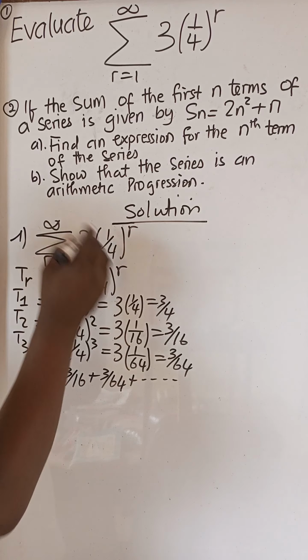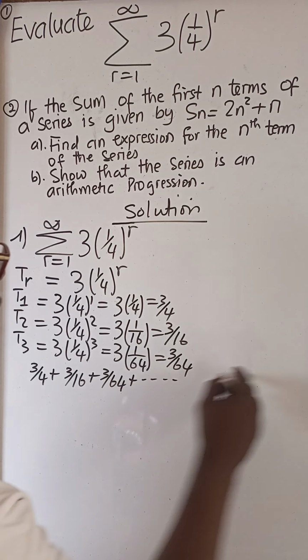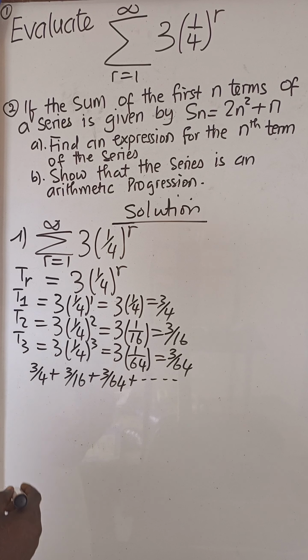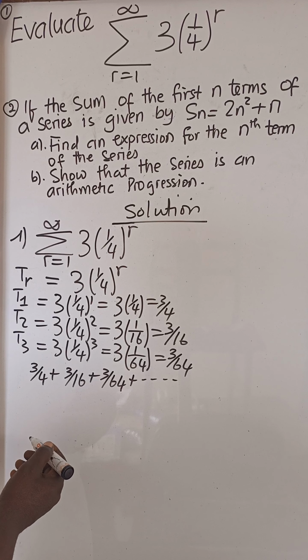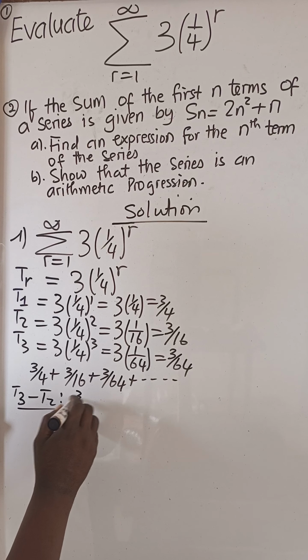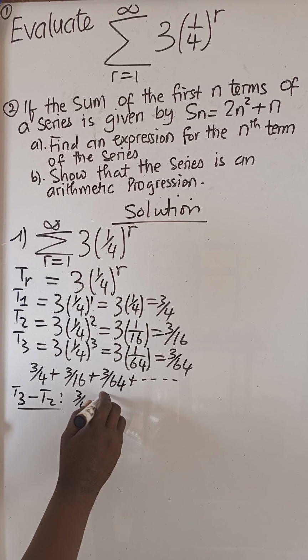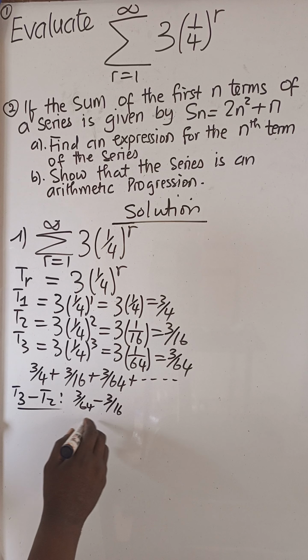So this series is the same as this. We are summing to infinity. Looking at it carefully, we see that it can only be a geometric progression. It can't be an arithmetic progression. If we take T3 minus T2, for example, this is 3 over 64 minus 3 over 16, we don't get the same result.